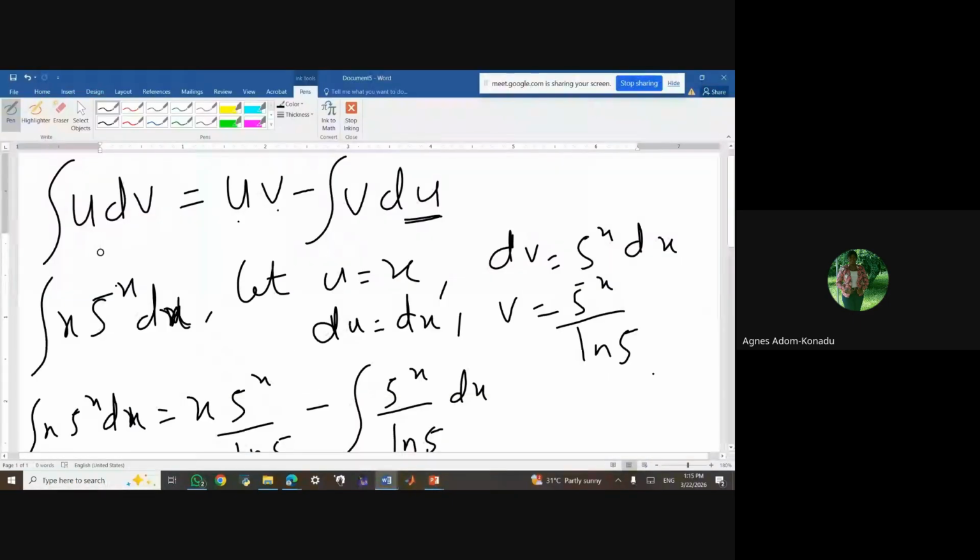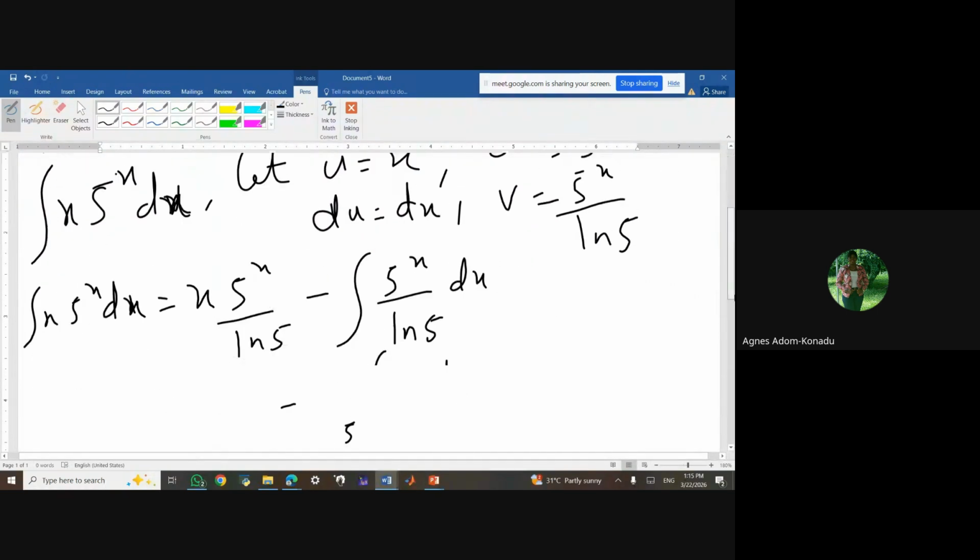Oh no, they are just showing how we got the integral of 5 to the power x dx to be 5 to the power x over ln 5. So that's what we are showing here. Let me just show you how to get this.